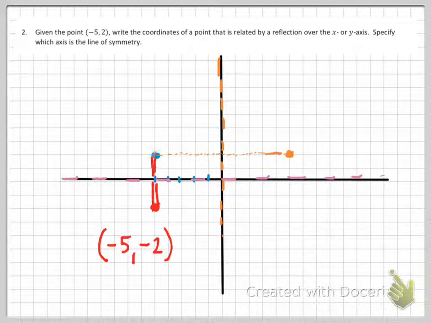And now this point and our new point are reflected over the y-axis because they're exactly the same distance away. This one's 5, this one's also 5. So our new point is the point (5, 2). The point (5, 2) is reflected over the y-axis.